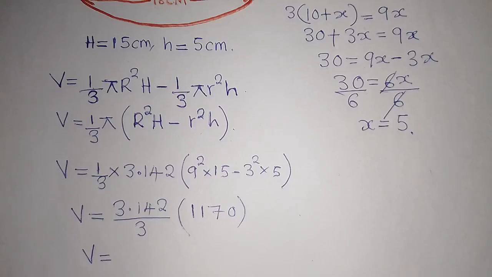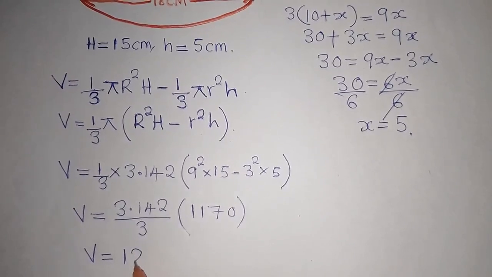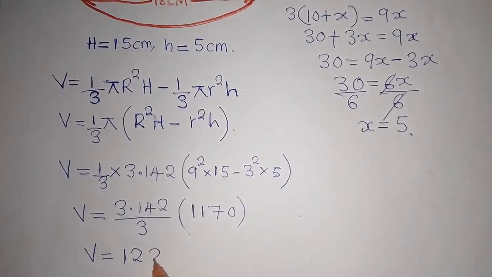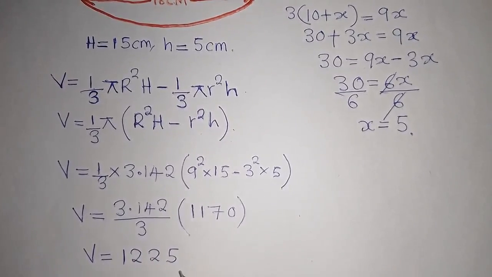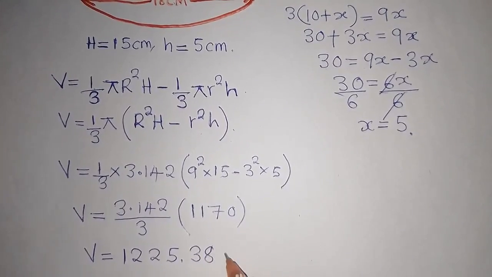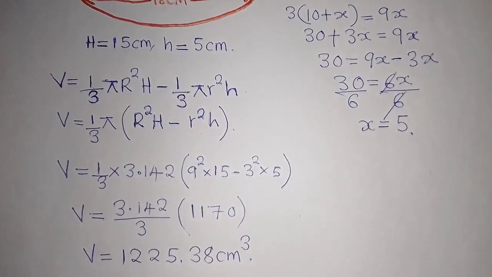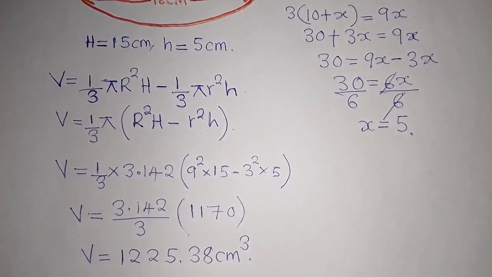What answer am I going to get? So the answer that I'm getting is 1225.38. Then I say centimeters cubed. So this is my answer. This is how you need to answer this question.